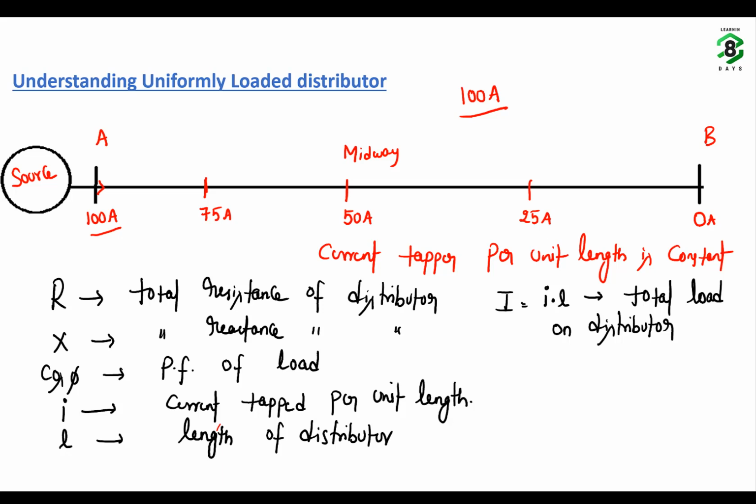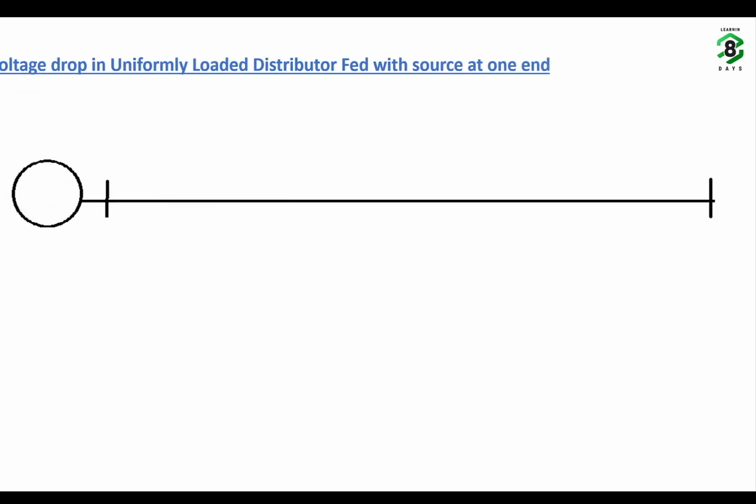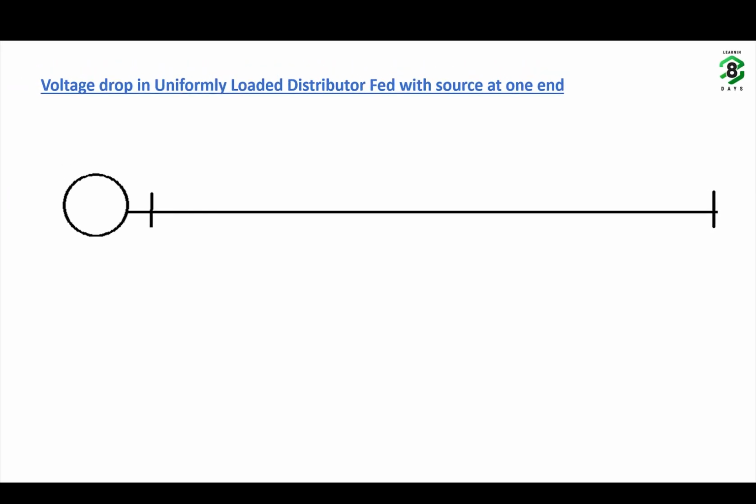Then capital I, that is small i into l, is the total load, the total current that is being tapped from this distributor. Then the voltage drop in a uniformly loaded distributor which is being fed from the source at one end.